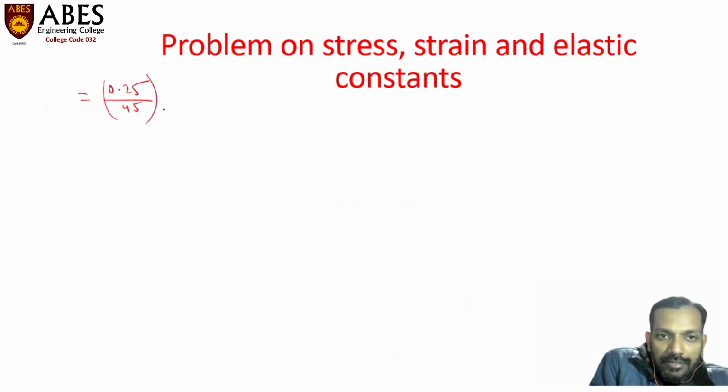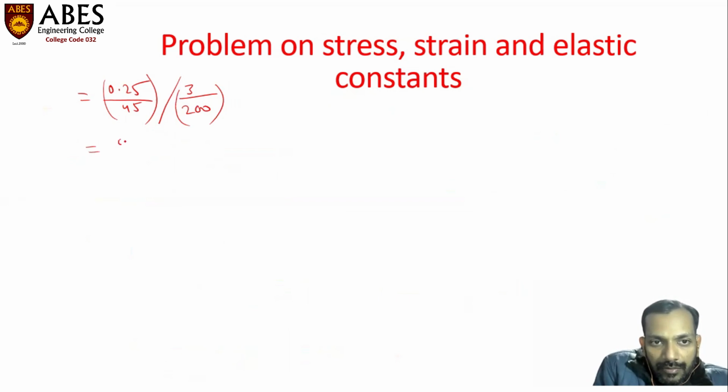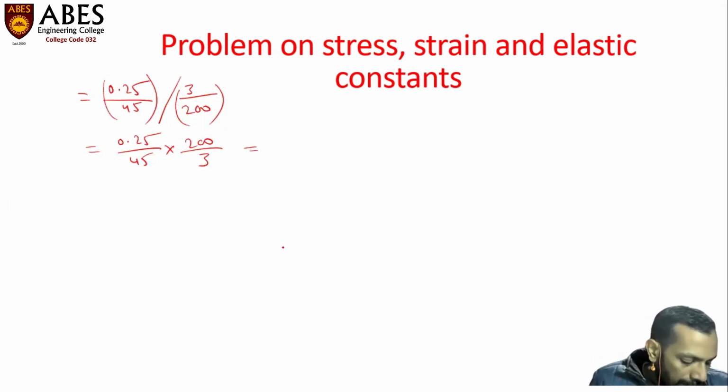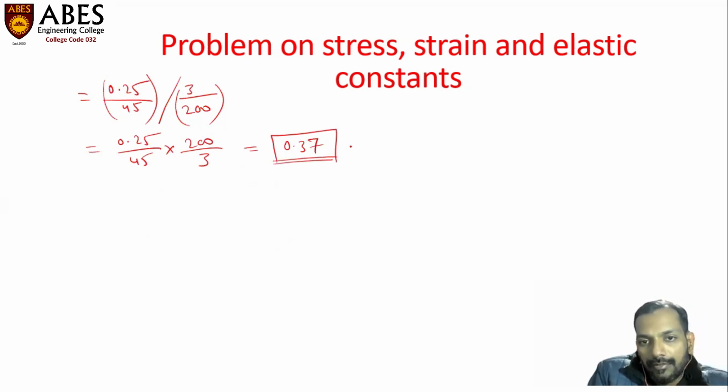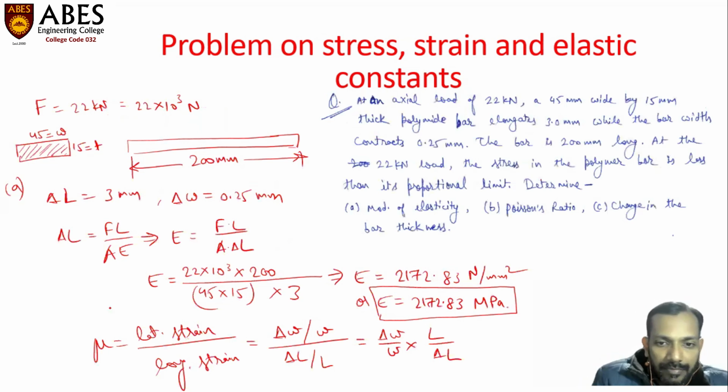So this is the value of lateral strain upon, what is the value of longitudinal strain? Longitudinal strain is change in length upon original length. It is 3 upon 200. So by calculating 0.25 upon 45 multiplied by 200 upon 3, we will get the value of Poisson's ratio. The value of Poisson's ratio is coming to be 0.37, and it has no units. It's just a number. So this is our second answer. Okay, it's the B part.